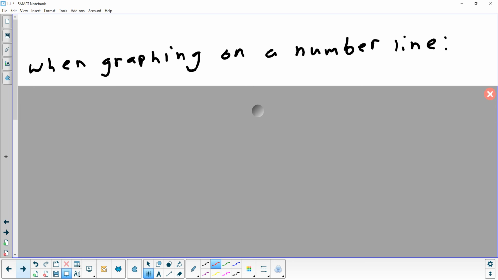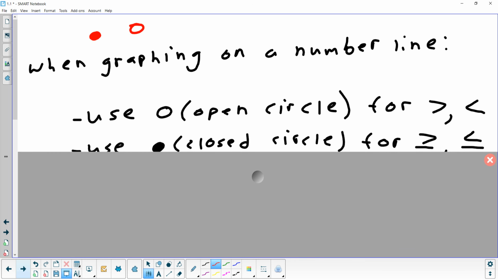There's a filled circle and then there's the hollow circle. It's either a filled in circle or you don't fill it in. Do you remember when you use a filled in circle versus the open circle? Isn't a filled in circle when it's greater than or equal to or less than or equal to? Yeah.